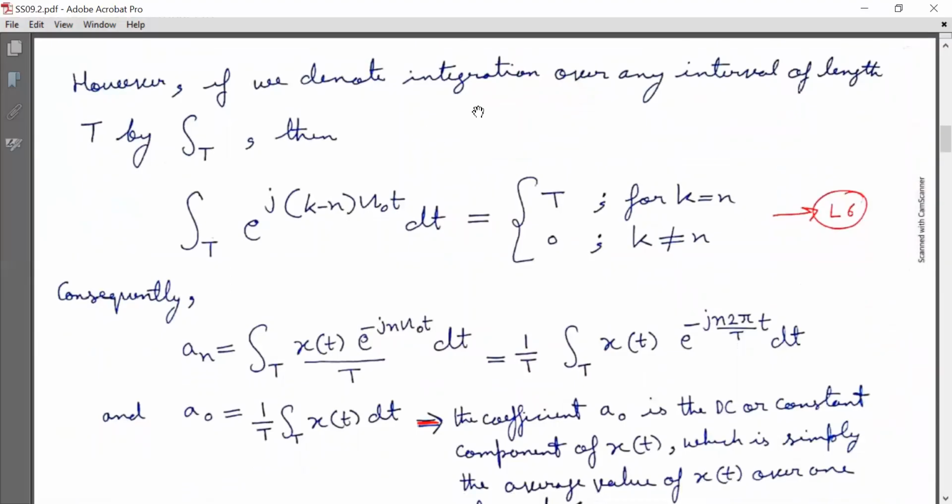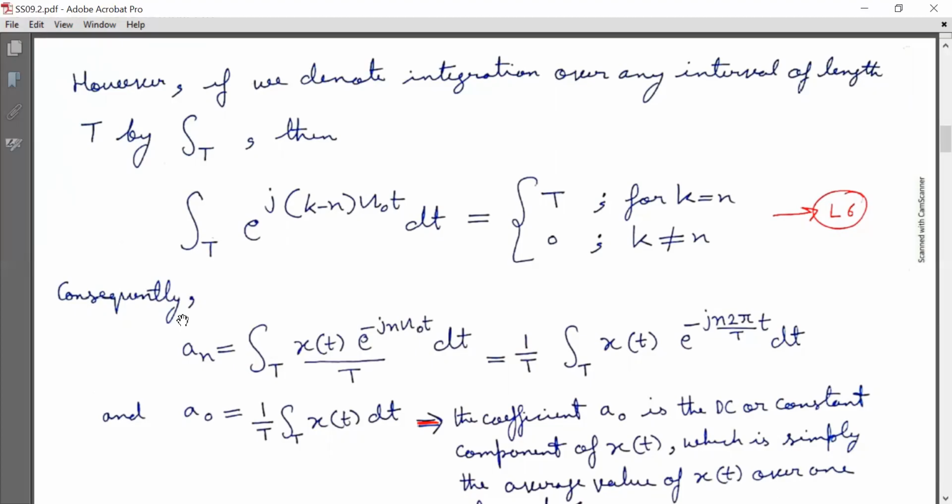However, we denote integration over any interval of length capital T by this symbol. Then integration over a period of capital T e raised to power j bracket k minus n omega naught t dt is equal to T for k is equal to n, and it is equal to 0 for k not equal to n. Mark it as equation L6.